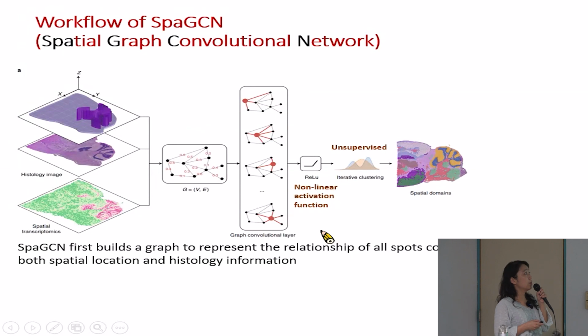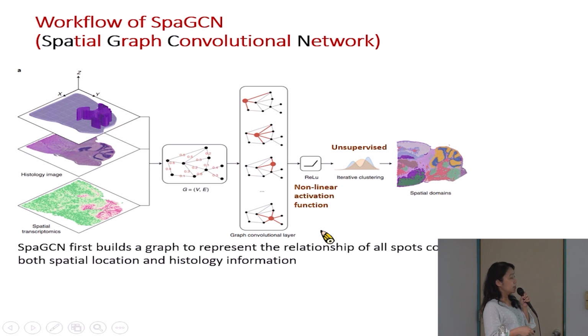So here is the workflow of SpaGCN. You can see that the data come from histology imaging and spatial transcriptomics, which means the gene expression on the spatial region. Then we combine these two data with the XYZ axis.